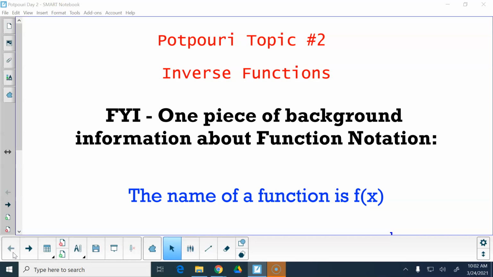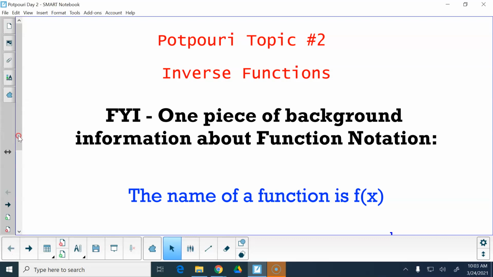Okay? So before we start on inverse functions, first off, I need to remind you of function notation. The name of a function is f of x, or any letter of whatever variable you're dealing with, h of t, y of j kind of a thing. And that's function notation.